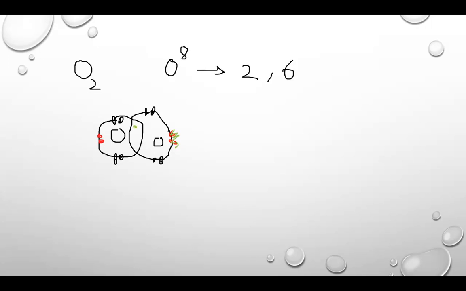Lastly, each atom has gained a full stable octet of 8 electrons. Let's count them together. 1, 2, 3, 4, 5, 6, 7, 8 for this oxygen atom. And for this one, 1, 2, 3, 4, 5, 6, 7, 8 electrons. And now we have gained a full stable octet structure for each oxygen atom.